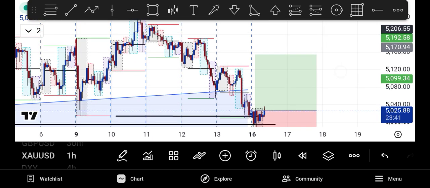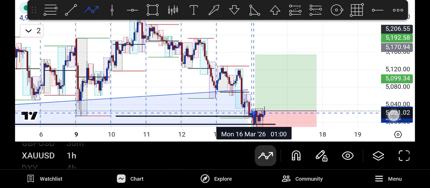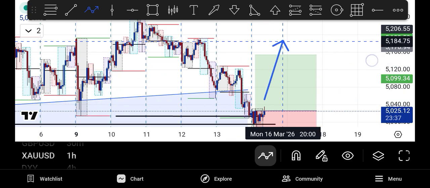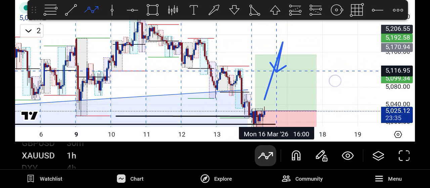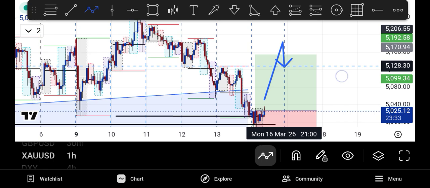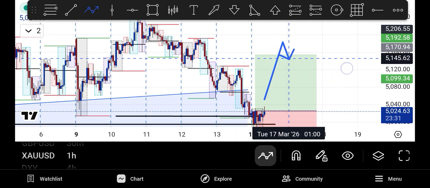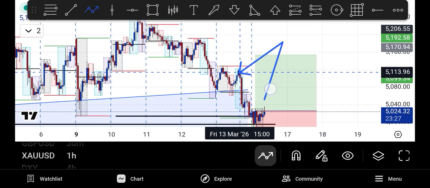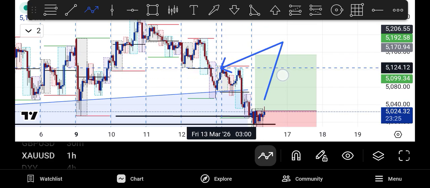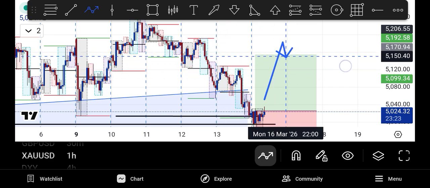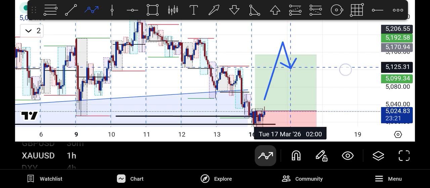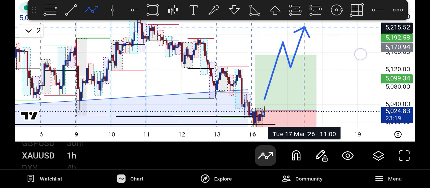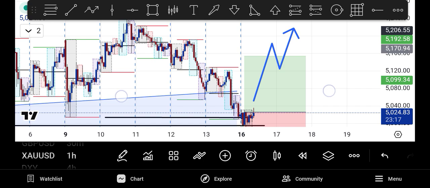So yeah, and once I reach my target, usually I would move my stop losses all the way up here, because usually once price reaches my targets, it's after it breaks highs or lows. So it might want to return to those lows before continuing the rally up like that.